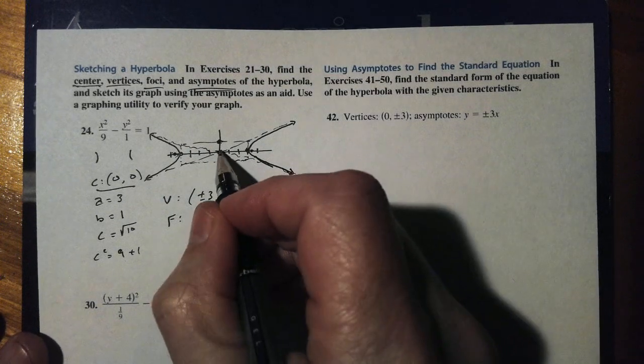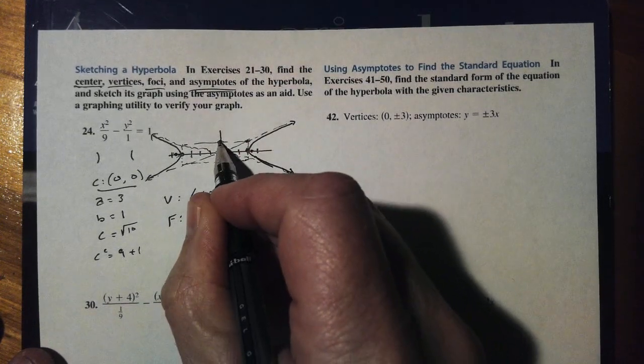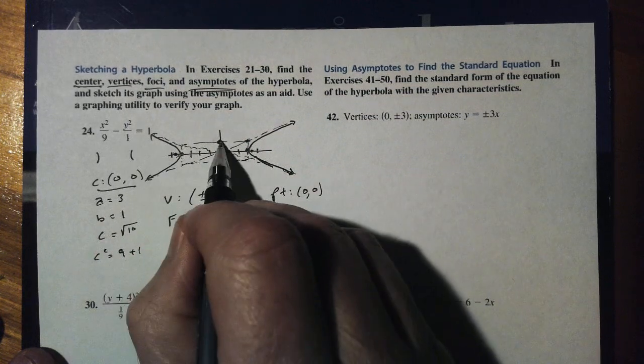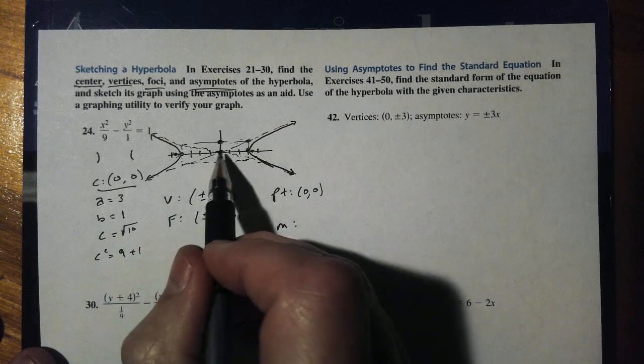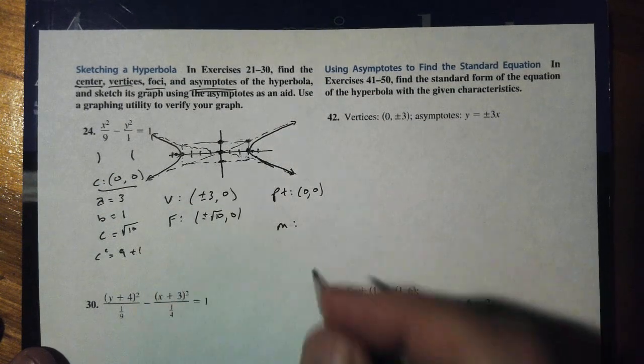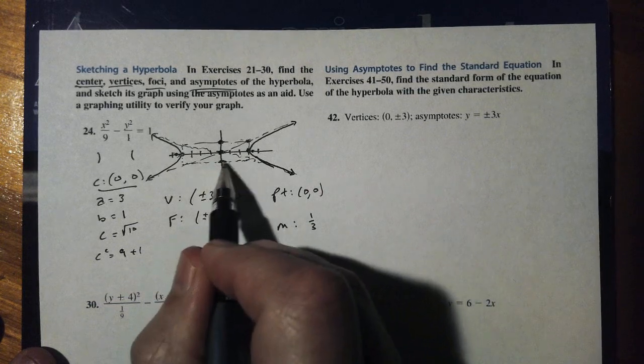And the slope, well, from this point to this corner point, we went up 1, we went up b, we went over 3, we went over a, but I don't need to know the a and b, I just need to know the slope, up 1 over 3. So the slope is 1/3. How about this one? Down 1 over 3.